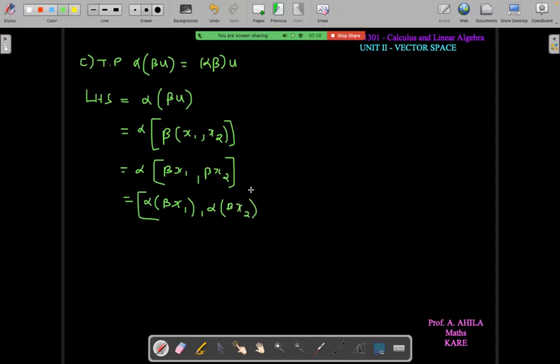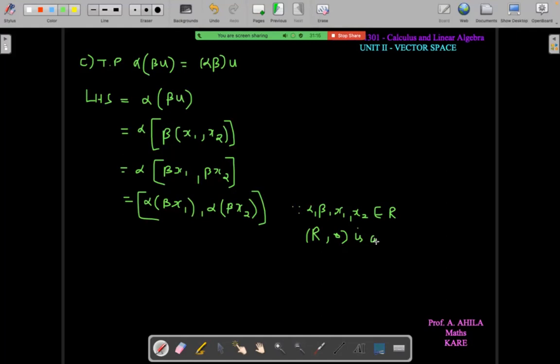But you know, these alpha, beta, x1, x2 are all real numbers. Since alpha, beta, x1 and x2 are all real numbers, and we know R with respect to multiplication in real numbers it is associative. That is, R comma dot, that is normal multiplication, is associative.